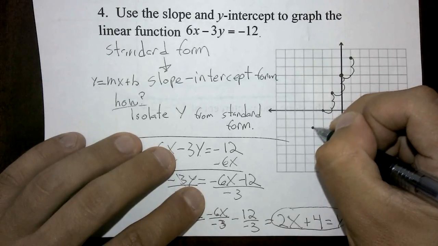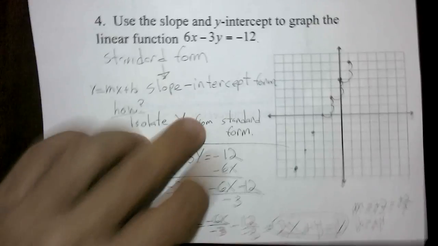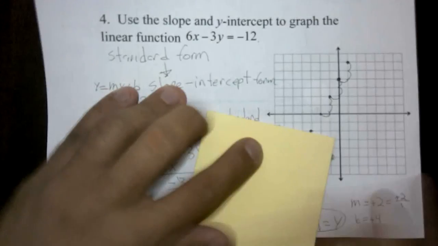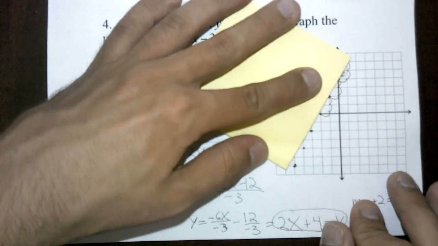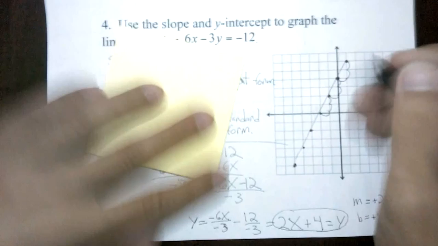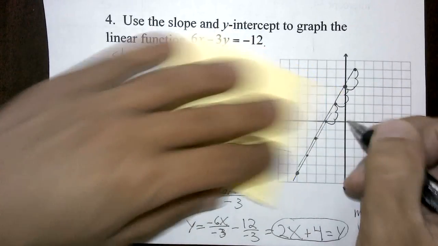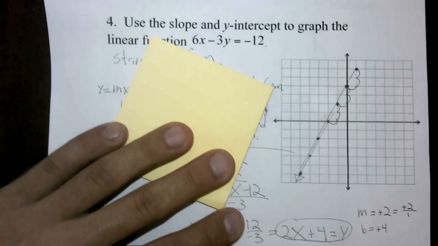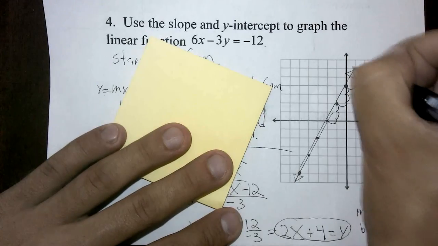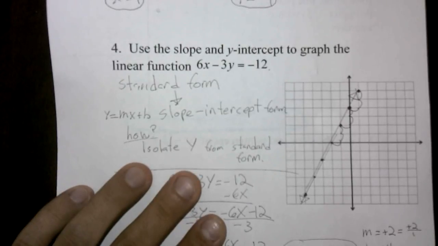Hopefully you start to see this pattern here. It's a pretty easy one since it's linear. Throw in some arrows so that we know that it's continuing to the left and to the right. That's as good as it's going to get.